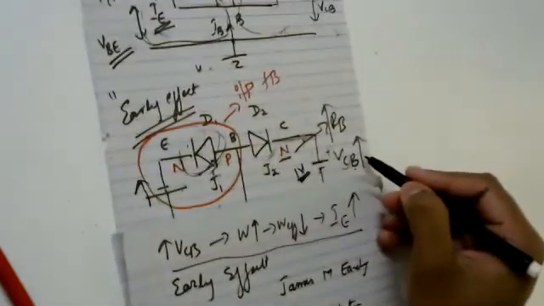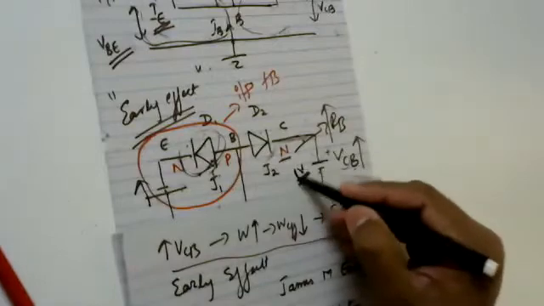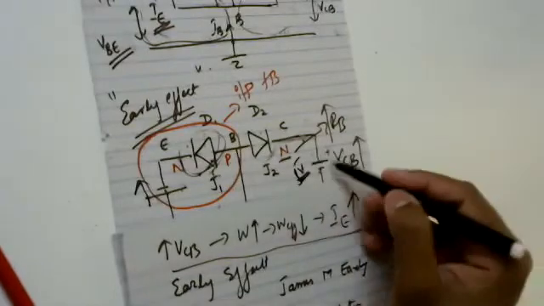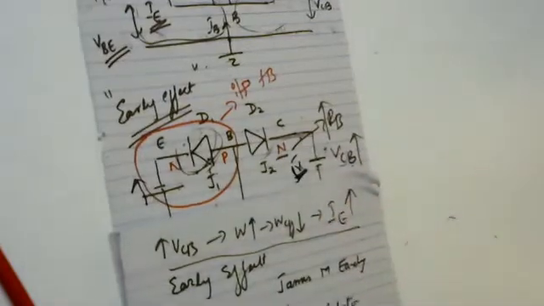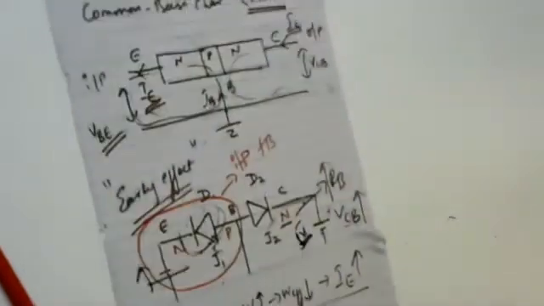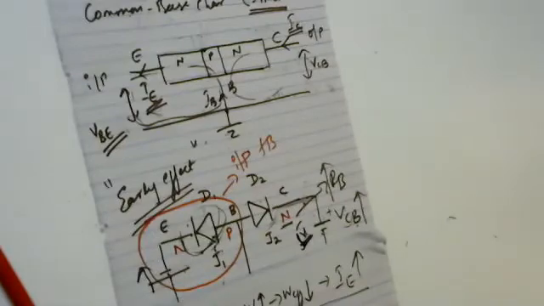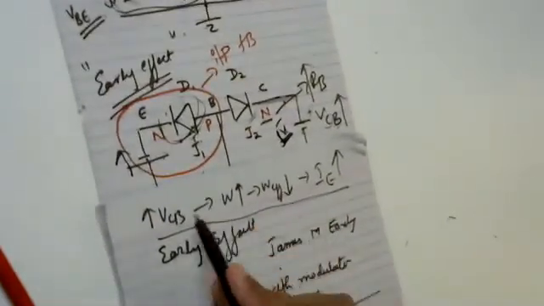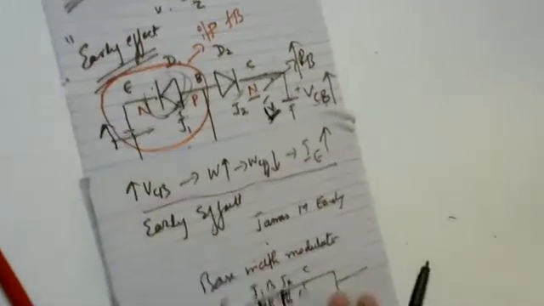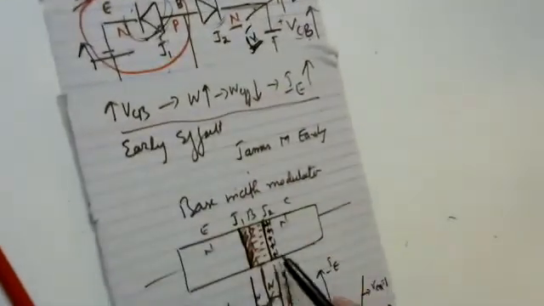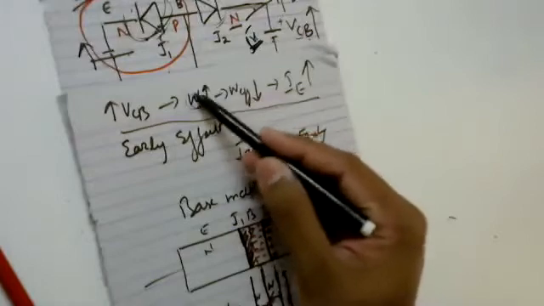Now, if I increase this VCB from 1 volt to, let me say, 5 volts, what happens? As I'm saying, when I increase this VCB, this W increases.